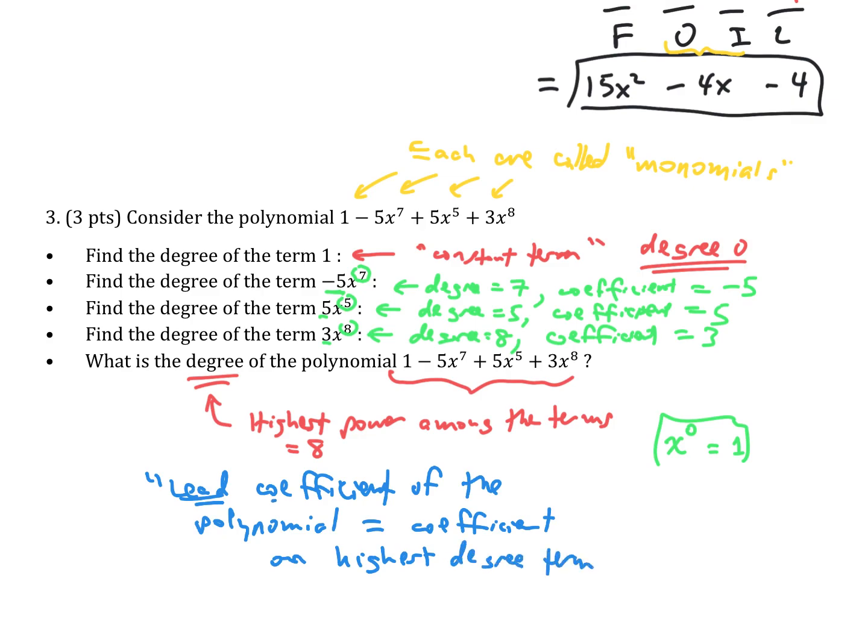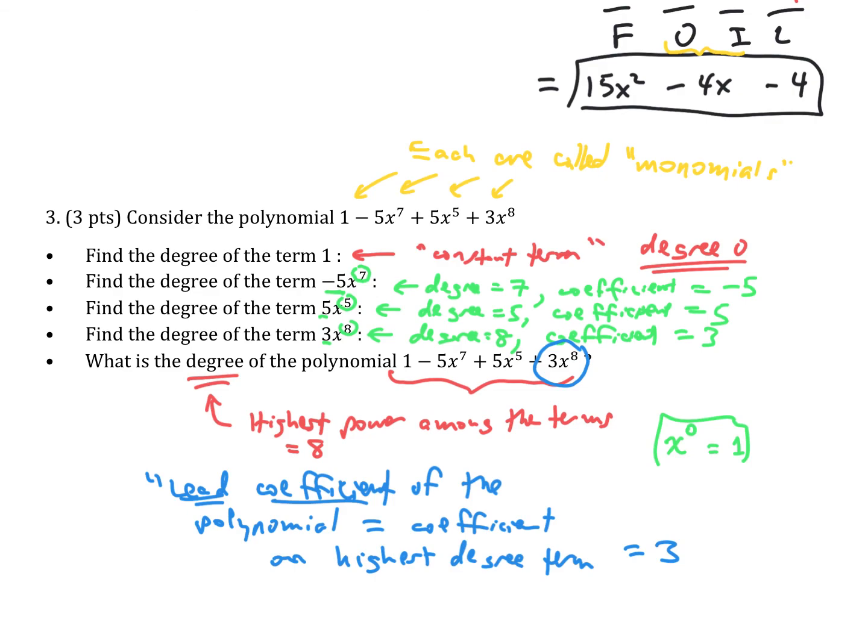So the lead coefficient of the polynomial is the coefficient that goes with the highest power. So in this case, that would be 3. 3 is the coefficient that goes with the x to the 8, and 8 is the highest among the powers that I see there.